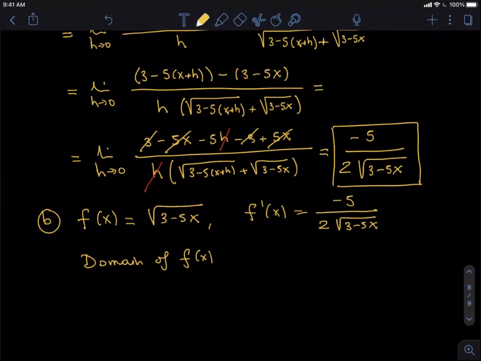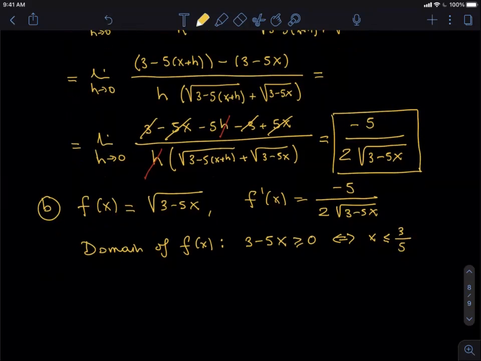So for f of x, we have a square root, okay? So we need 3 minus 5x, which is the inside of the square root, to be non-negative. It's okay if it's 0. It's not okay if it's negative. So this means that x is less or equal than 3/5.